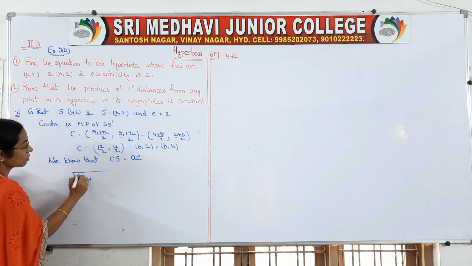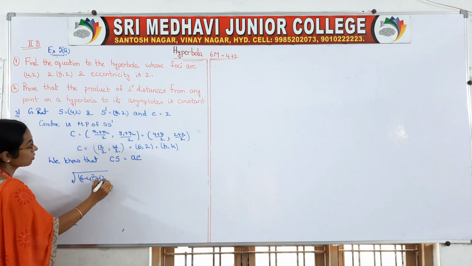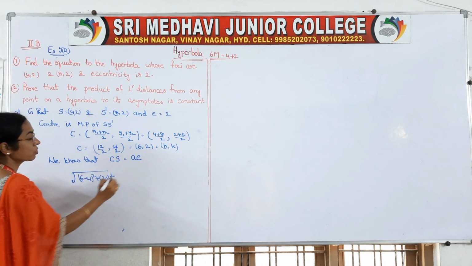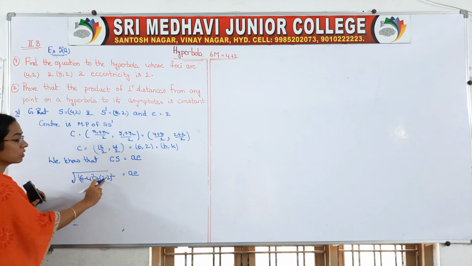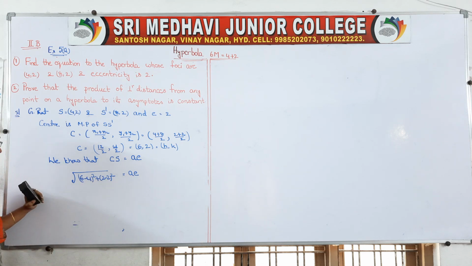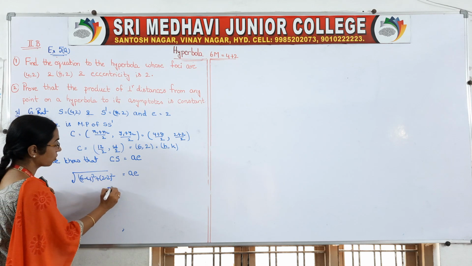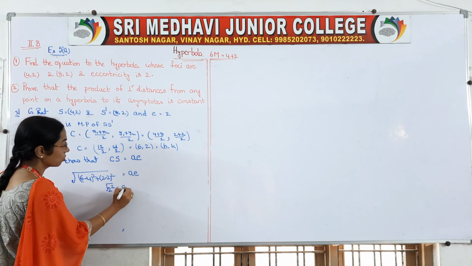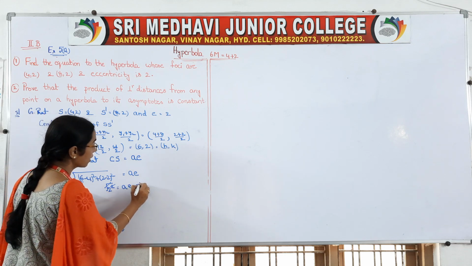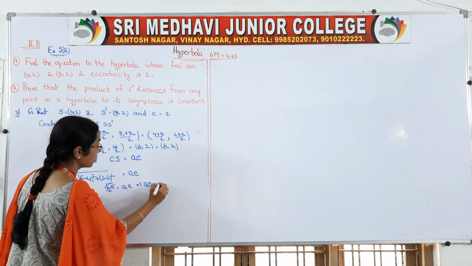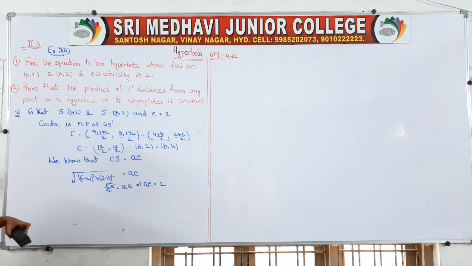So the square root of (6 minus 4) whole square plus (2 minus 2) whole square is equal to ae. 2 minus 2 is 0, so this is 2 square, and the square root cancels the square. We got ae is equal to 2.